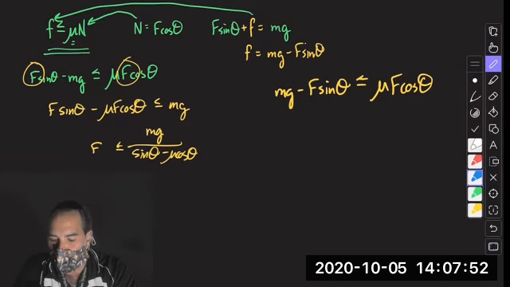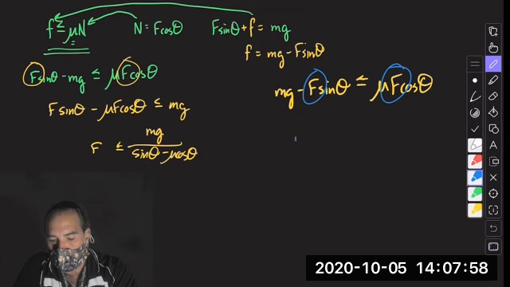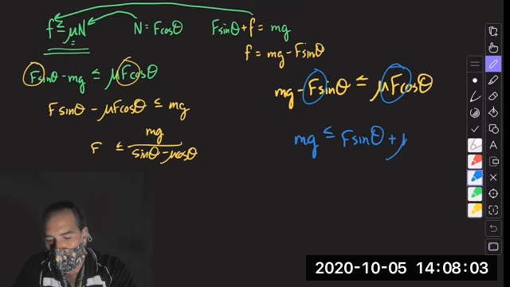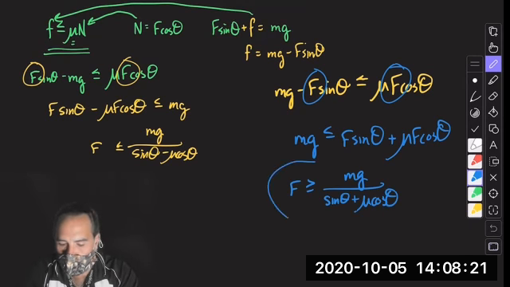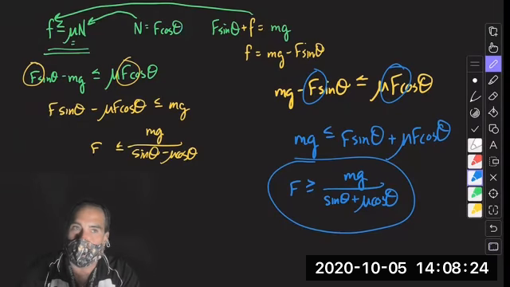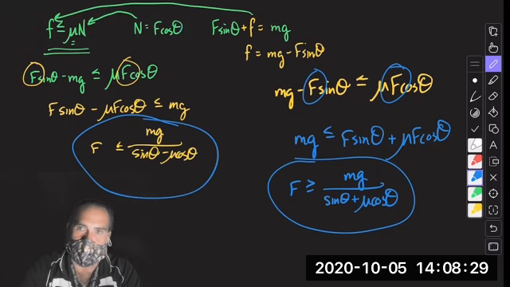I still have to get f by itself. That's still what I'm trying to do. And now, this is going to give me the minimum value because my f has to be greater than this. And this is going to give me my maximum value because my f has to be less than this.